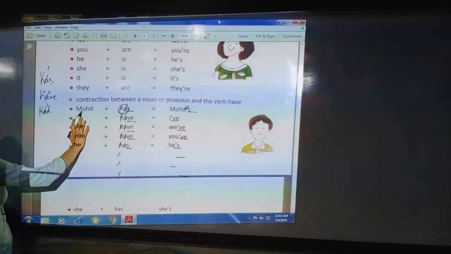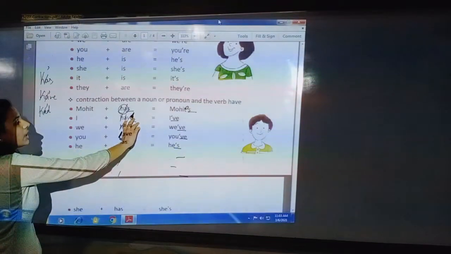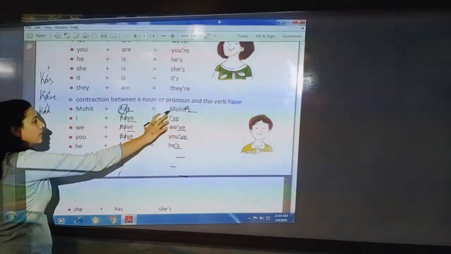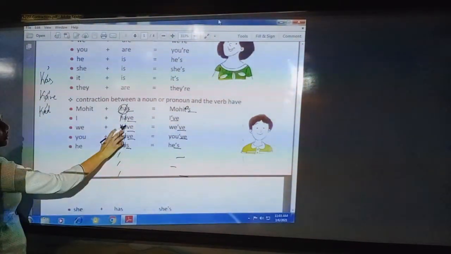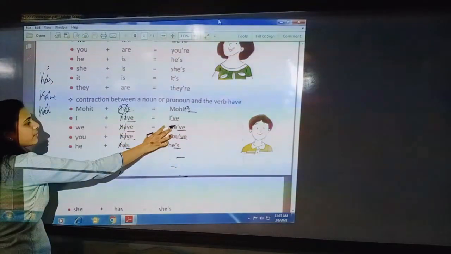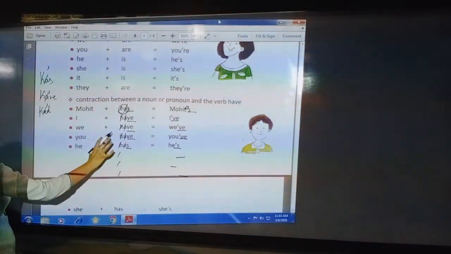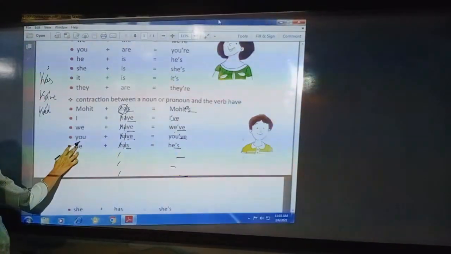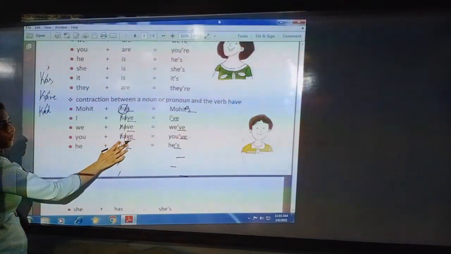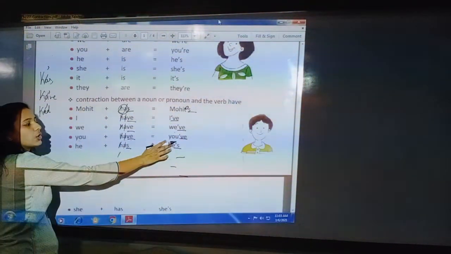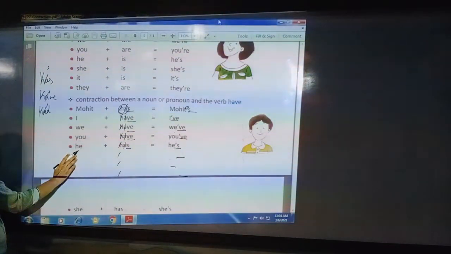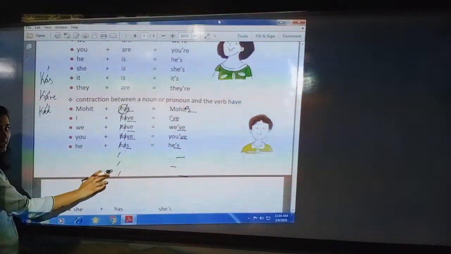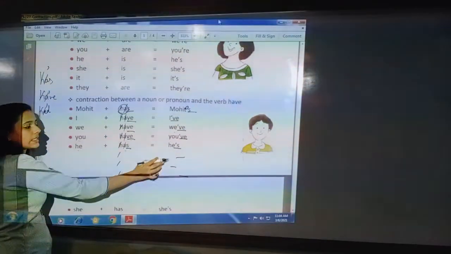So it will become Mohit apostrophe S. Mohit's. I apostrophe VE, I've. We apostrophe VE, we've. You apostrophe VE, you've. He apostrophe S, he's.